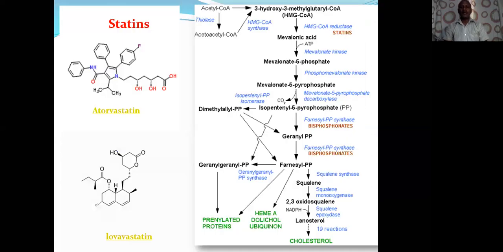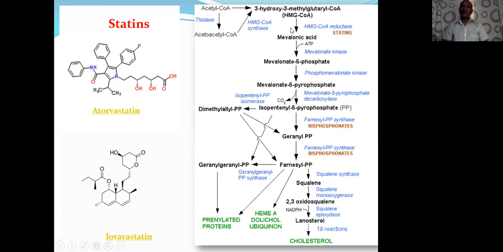And then coming to the drugs, the various classes of drugs, we started with statins. The examples of the statin class are atorvastatin and lovastatin. We discussed the mechanism of action: they inhibit the HMG CoA reductase.